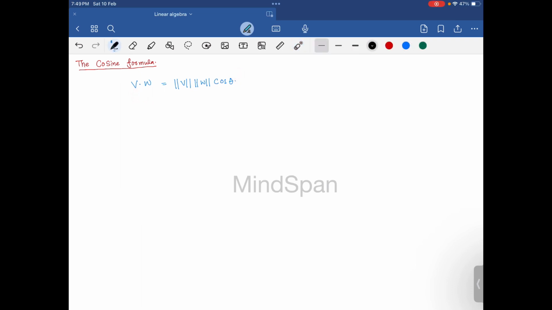So you can think of it as, if this is a vector v and this is a vector w, then theta is the angle between them. If you are getting this dot product as 0, then it tells you that the angle between v and w is 90 degrees. So yeah, this is your cosine formula.